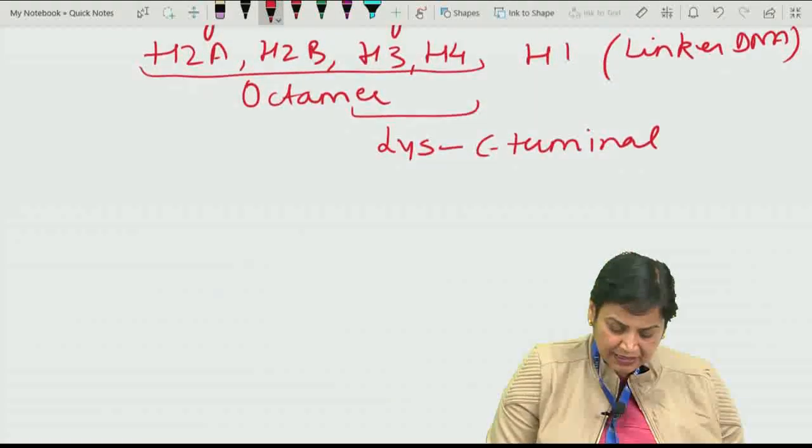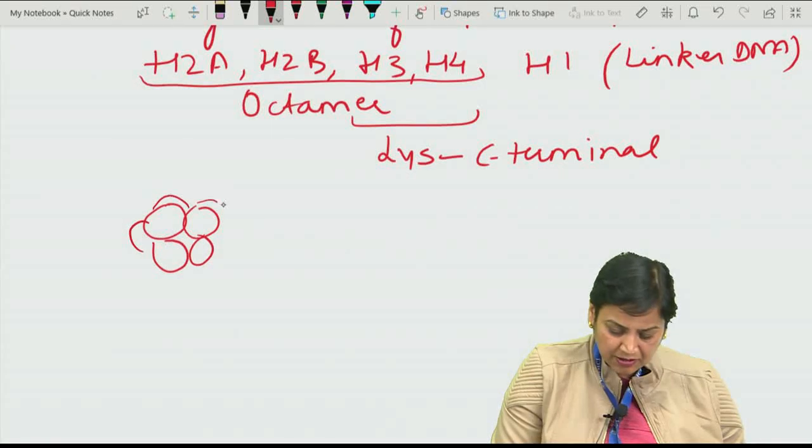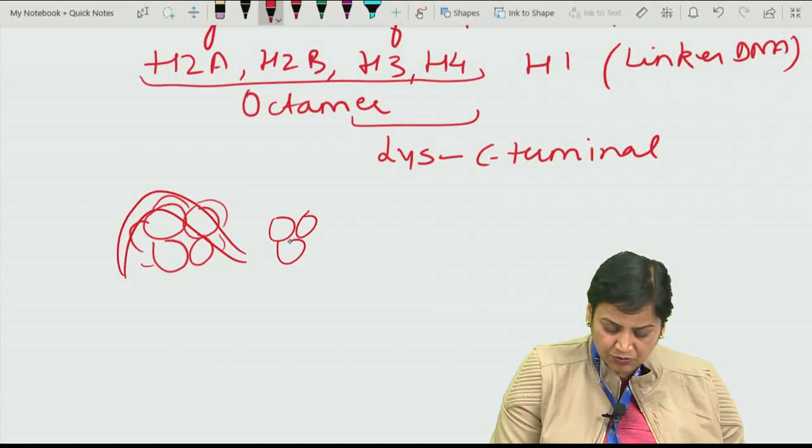Now DNA is having this type of structure. See, H2A, H2B, H3, H4, this is the octamer, and DNA is wrapped around like this. Similarly, for this histone, DNA is wrapped around like this.